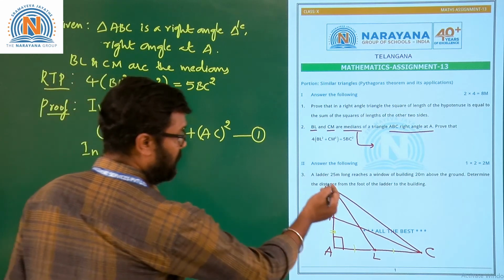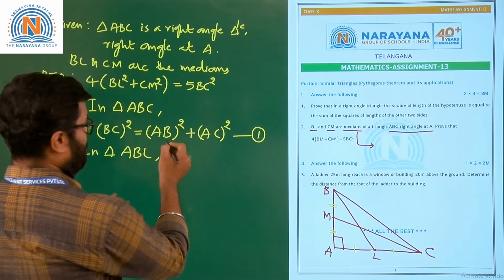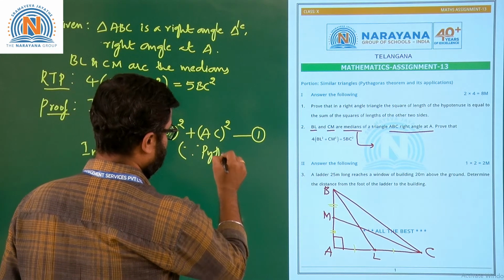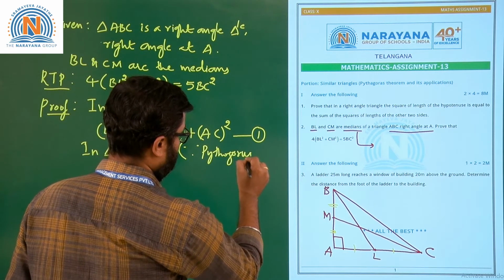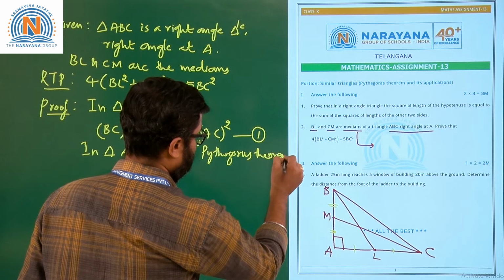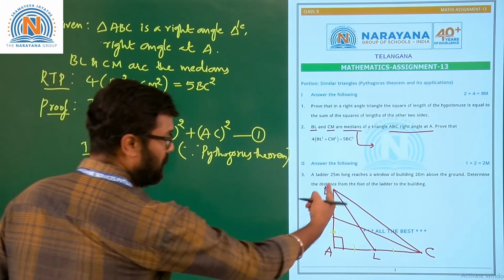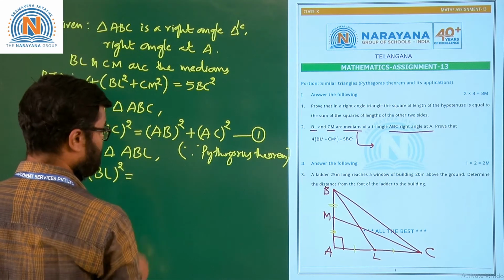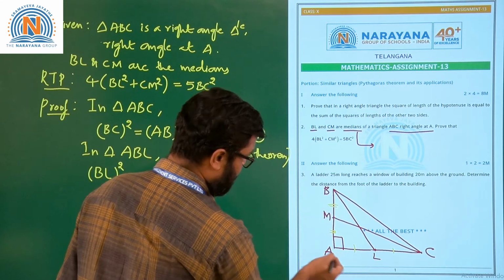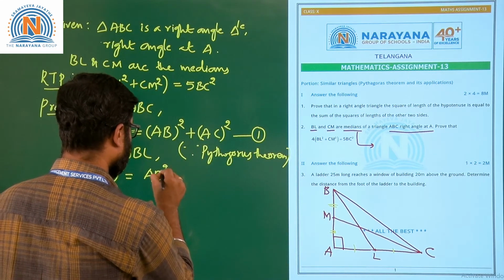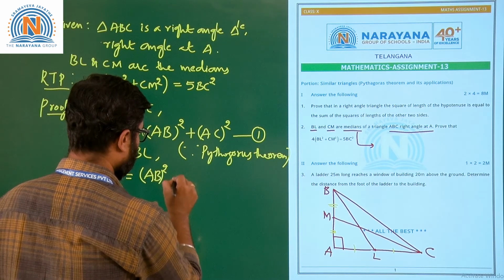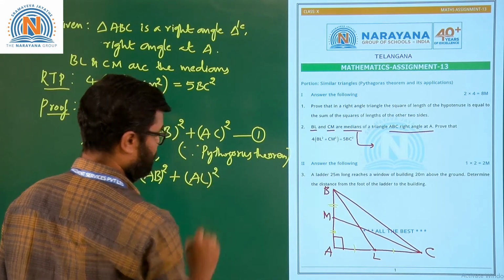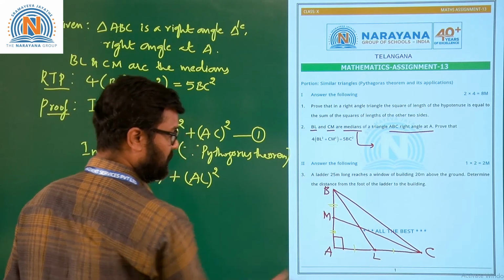So according to Pythagoras theorem, BL square is equal to AB square plus AL square, isn't it?